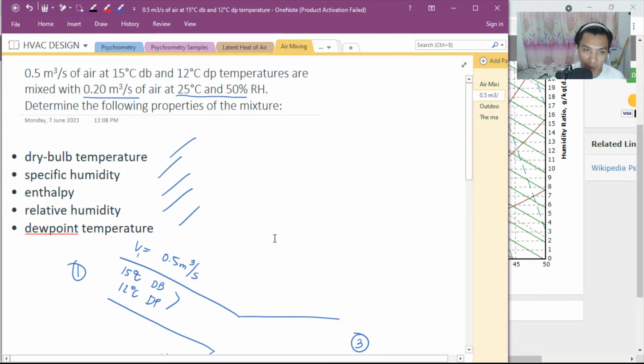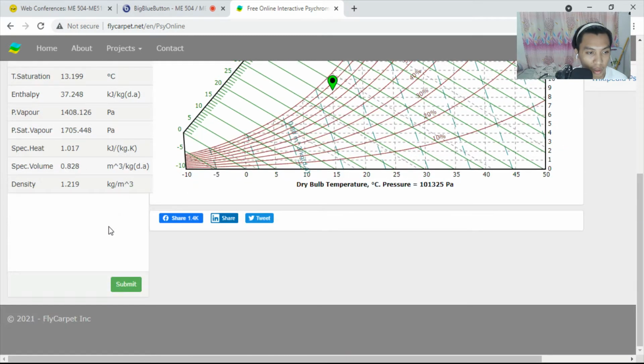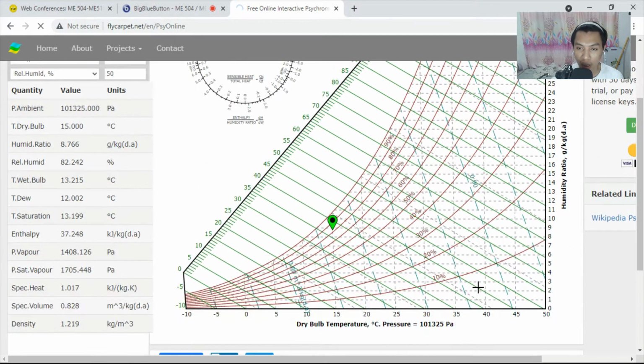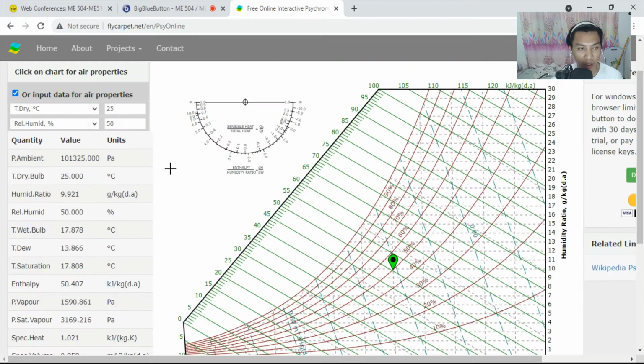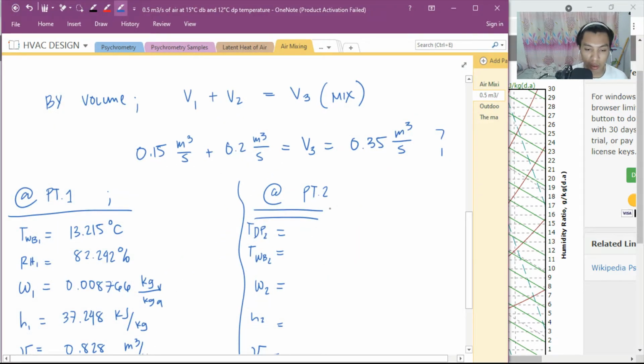Again, 25 and 50. The answer is, saan siya nakalagay ngayon? Uy, mataas siya. Okay? So, dry bulb, 25. Humidity ratio, 0.009921 kilogram vapor per kilogram air.